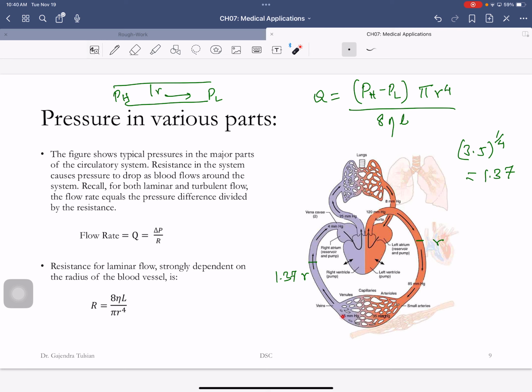And if this pressure gets to be more than 22 millimeters of mercury, water is not being reabsorbed, and water collects in your legs. And that's edema.